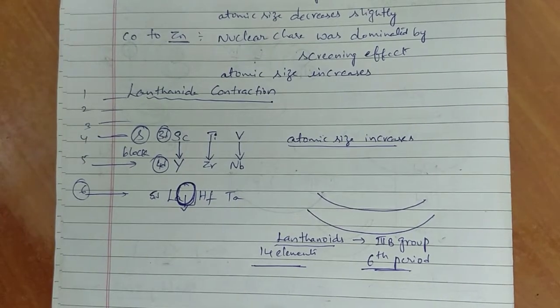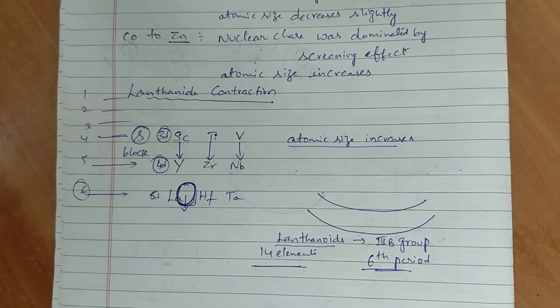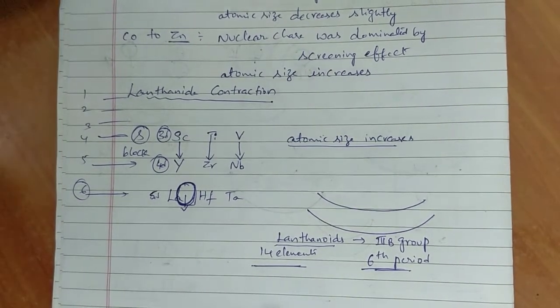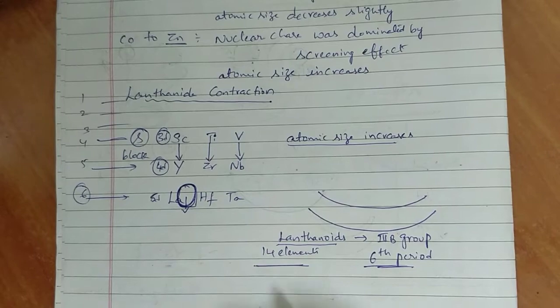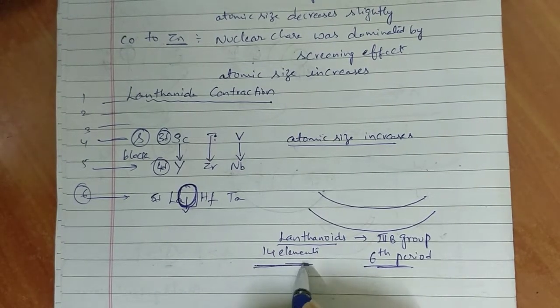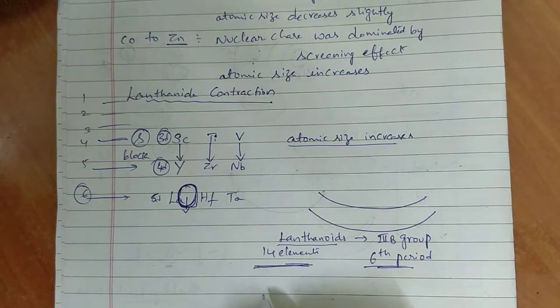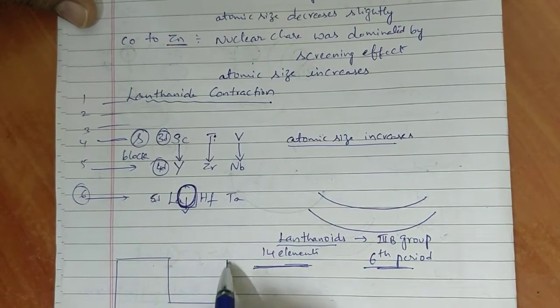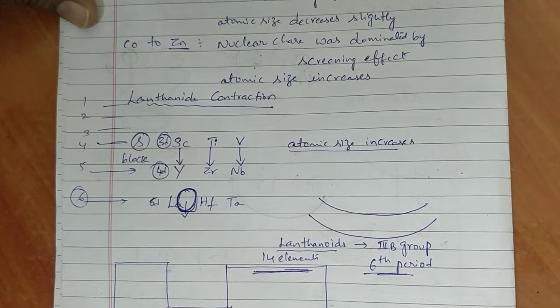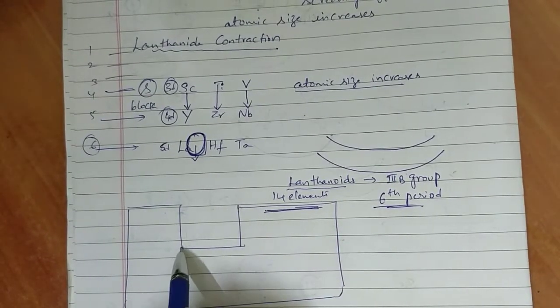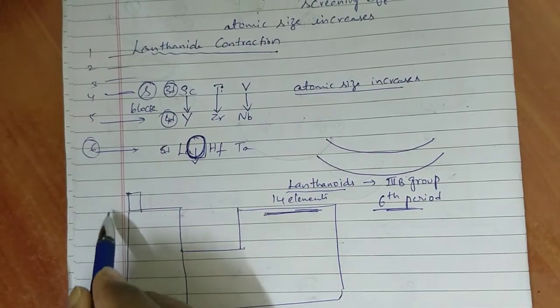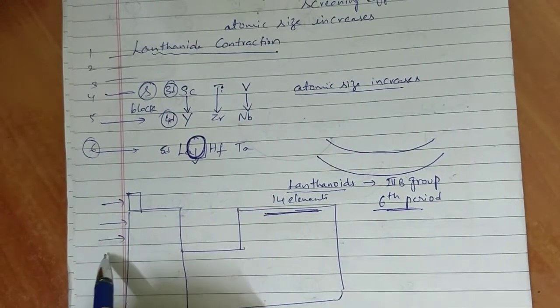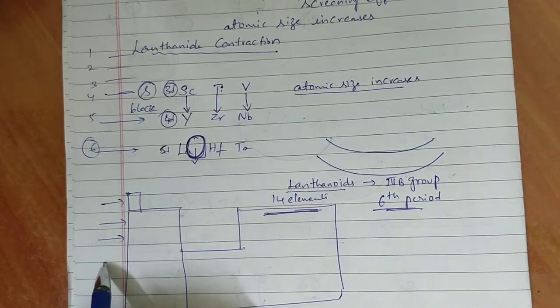Are you getting my point? They are all belonging to the same group only. All the 14 elements belong to the same group. For example, if you think this as the periodic table, first period, second, third, now fourth onwards only D block elements will be started.